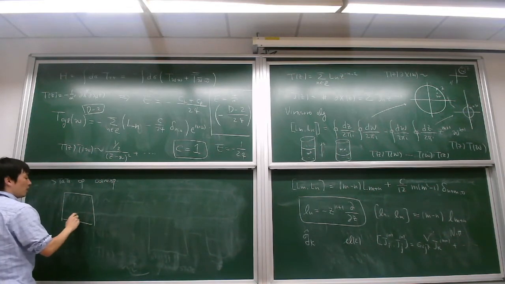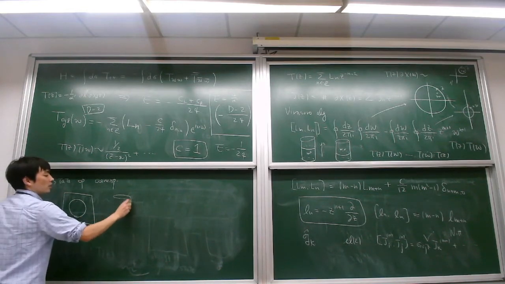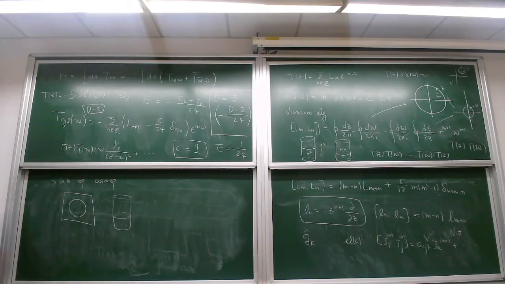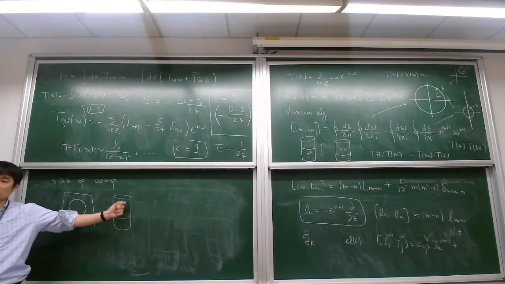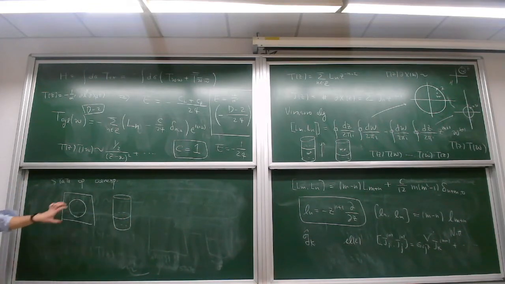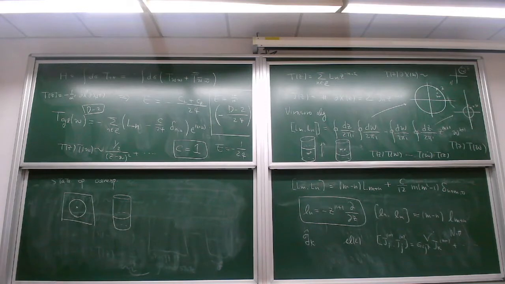So the state is mapped to the cylinder, as I mentioned last time. You can associate each state on a spatial slice on a cylinder, which can be mapped to the circle in the plane, and if you do a conformal transformation, just a scaling transformation on the radial direction, you map to the origin, and that will create some operator. That's called state operator correspondence.